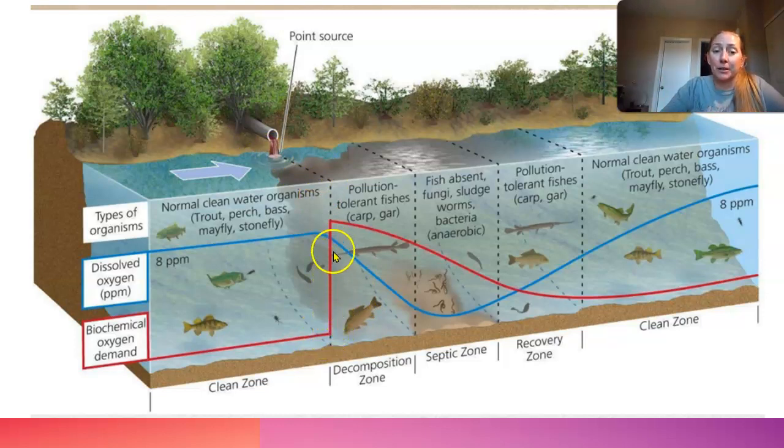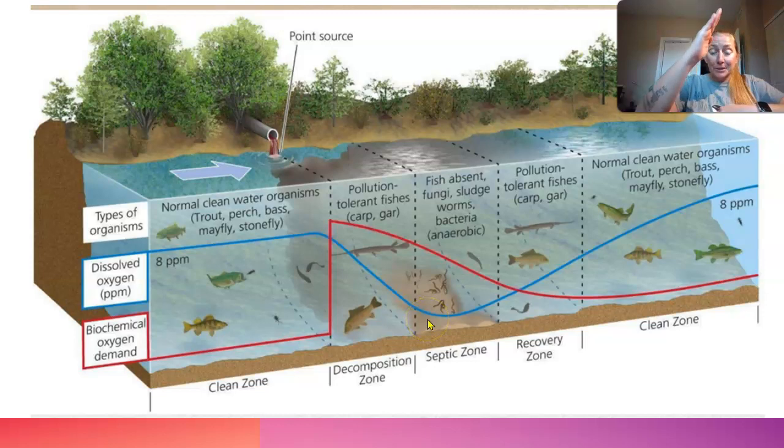And so that means right here where the poo enters the water, the BOD is going to increase rapidly because that is our source of waste material. So the bacteria are going crazy right there, breaking down the poo and using up a lot of oxygen. And as BOD goes up, obviously, dissolved oxygen goes down.